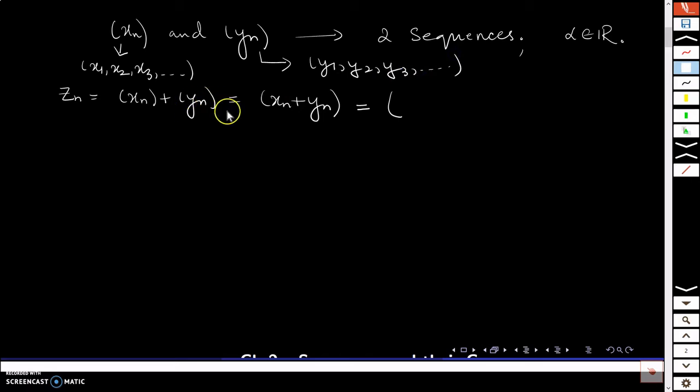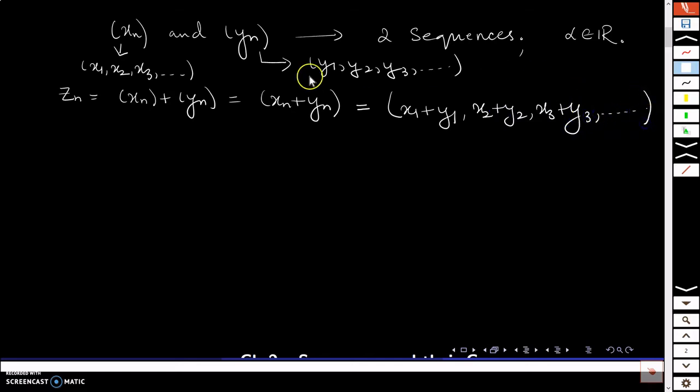So when I'm adding these two sequences, I will be adding their corresponding terms. That means the first term x1 will be added to the first term y1. So x1 plus y1 will be the first term of the sum of these two sequences. Similarly, x2 plus y2, x3 plus y3 and so on.